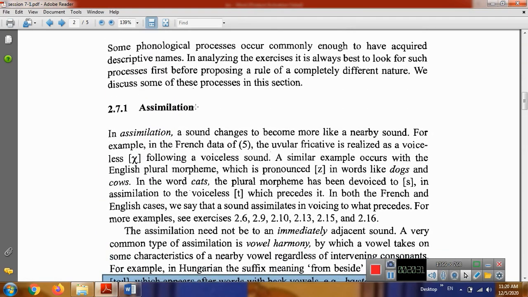Okay, then we had assimilation, in which we said that one sound changes to become similar to its adjacent sounds, like the English plural, which sometimes we pronounce as z and sometimes as s because of its adjacent sound.